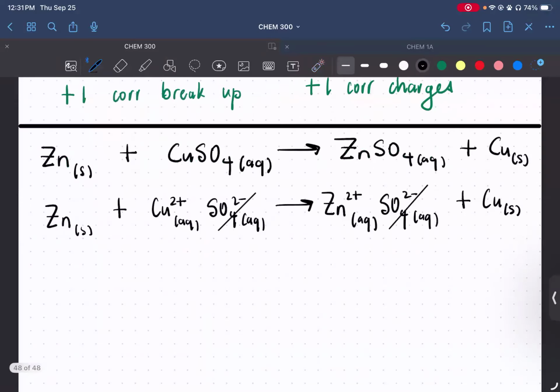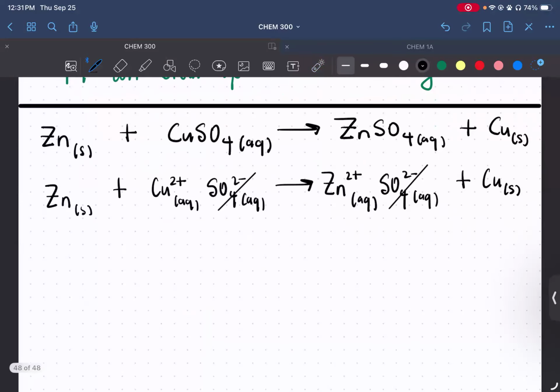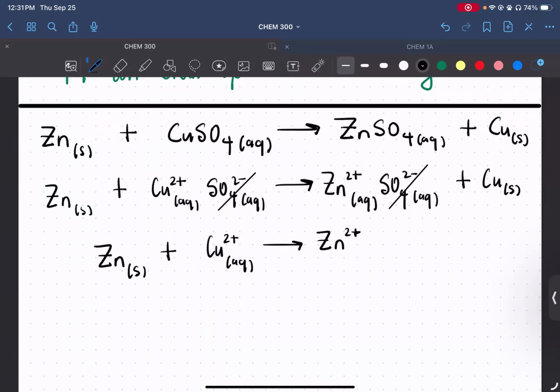This is what tells us that the final answer, the net ionic equation, is zinc added to copper 2+ gives us zinc 2+ and copper. This is the net ionic equation for the reaction given. Do we have any questions so far?